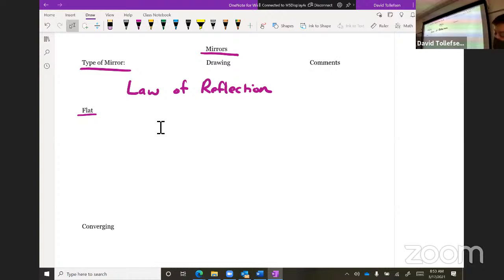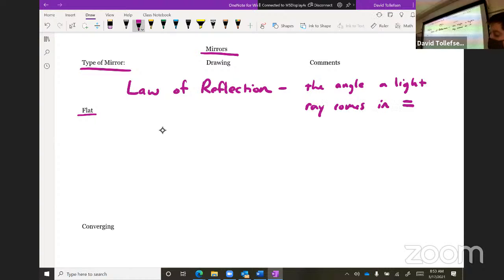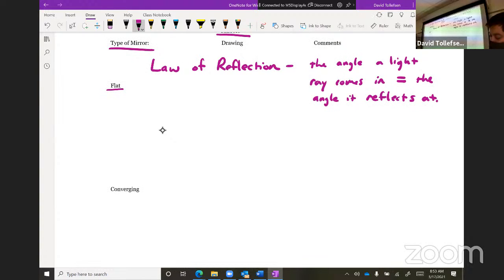All right, mirrors follow the law of reflection, which basically means the angle a light ray comes in equals the angle it reflects at. On a flat mirror, if I lay the mirror on the ground, we can use blue for our mirror. A light ray comes in.